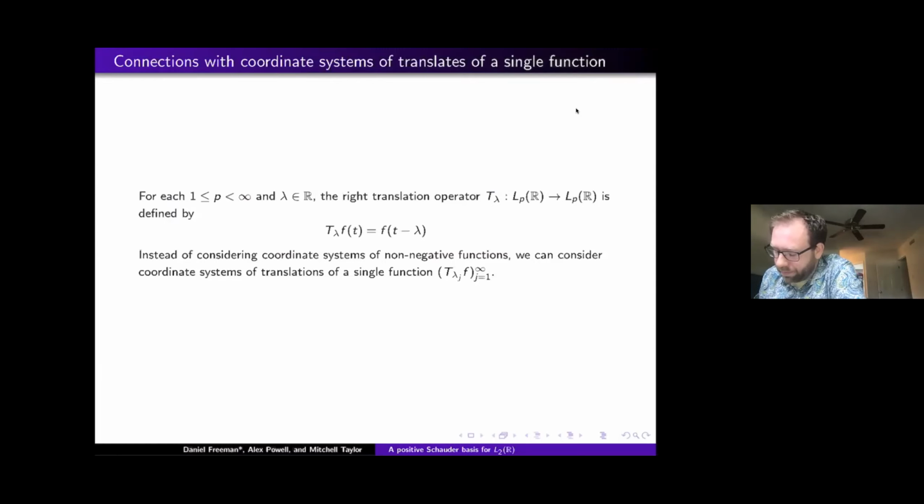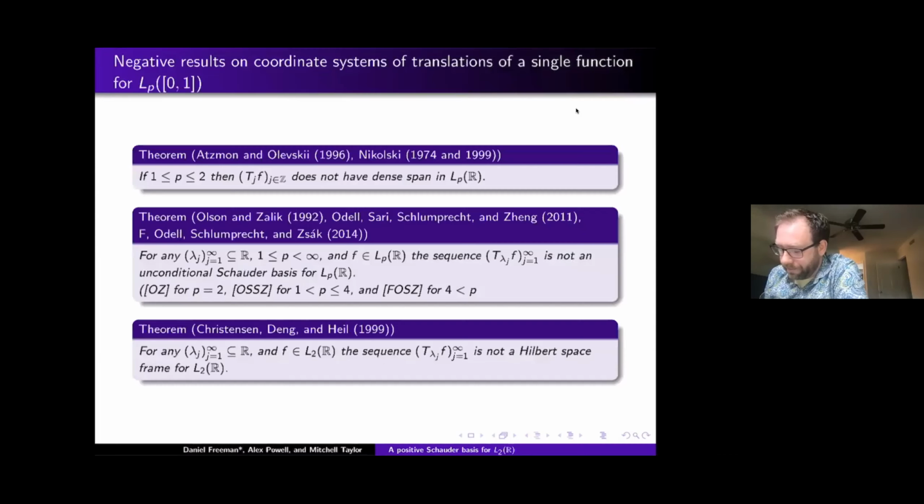And so for any p and any lambda, t lambda, we're going to call the right shift operator. It takes a function f, and then it shifts it to the right by lambda. And so instead of thinking about what kind of coordinate systems of positive functions you can make, we can think about what kind of coordinate systems of translations of a single function you can make.